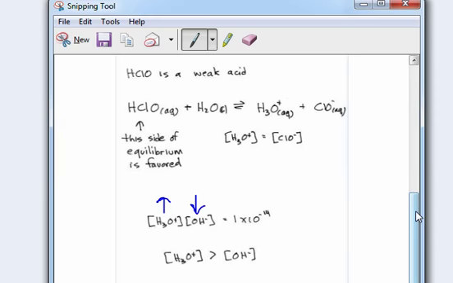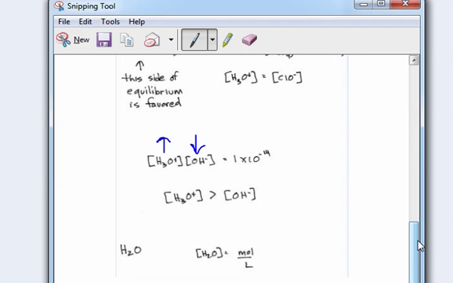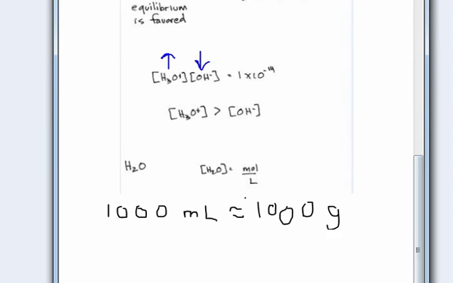Now as I was saying, we always assume that the concentration of water is constant because it's so great. It's a pure substance. But let's just take a minute to look at actually calculating the concentration of water. We know that concentration is moles per liter. So if we look at how many moles are in 1 liter of water, well, 1 liter of water contains 1,000 milliliters, and because the density of water is approximately 1 gram per milliliter, that means that if I have 1,000 milliliters, I have approximately 1,000 grams.